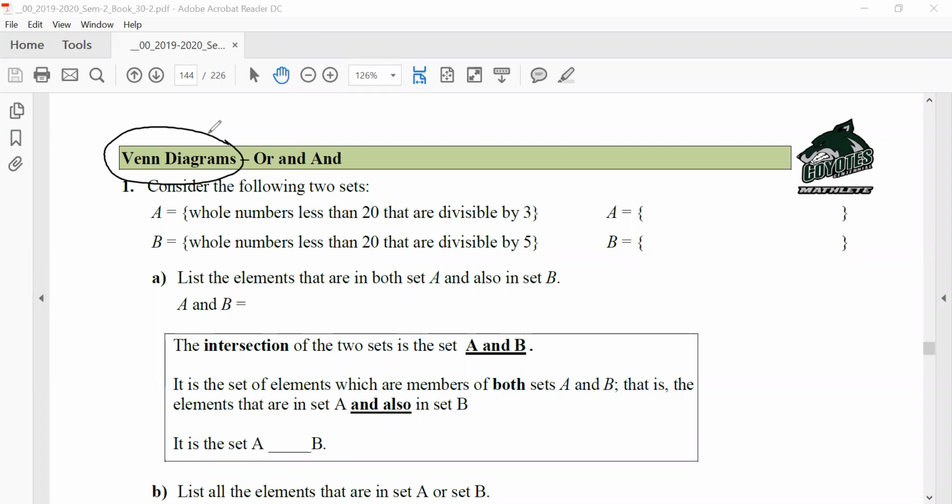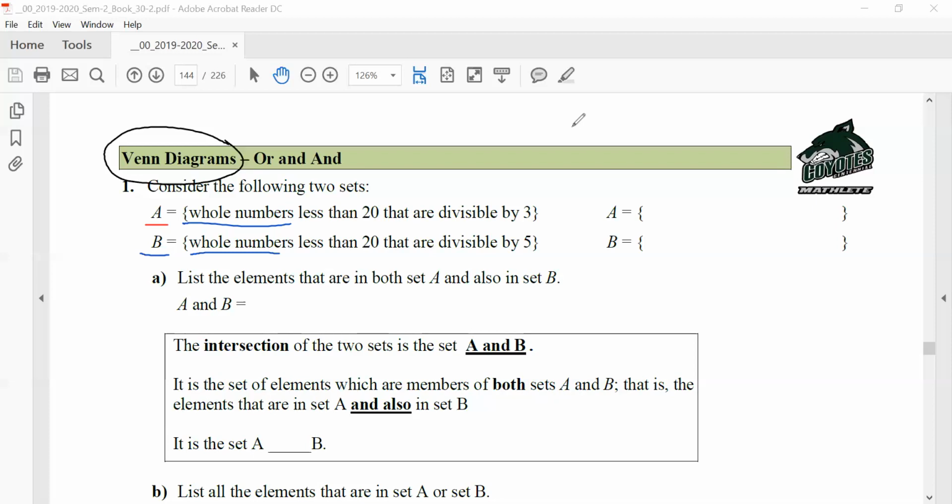We're always going to have 2 or 3 sets that we're looking at. So we've got set A and set B here. Again, the importance of knowing this definition: they're both whole numbers. Remember, a whole number starts at the number with the hole in the middle, 0.